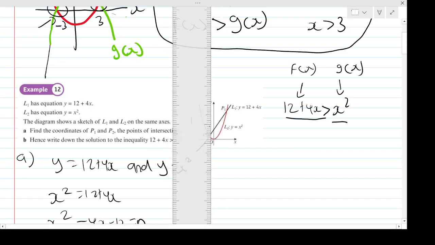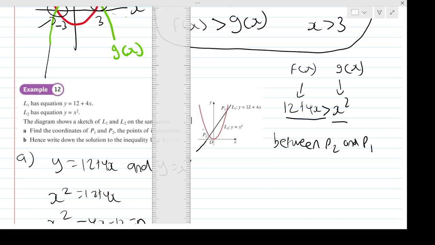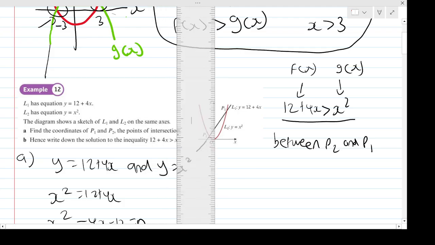So I'm going to say between P2 and P1. That inequality occurs between the 2 points, where the line is above the curve.